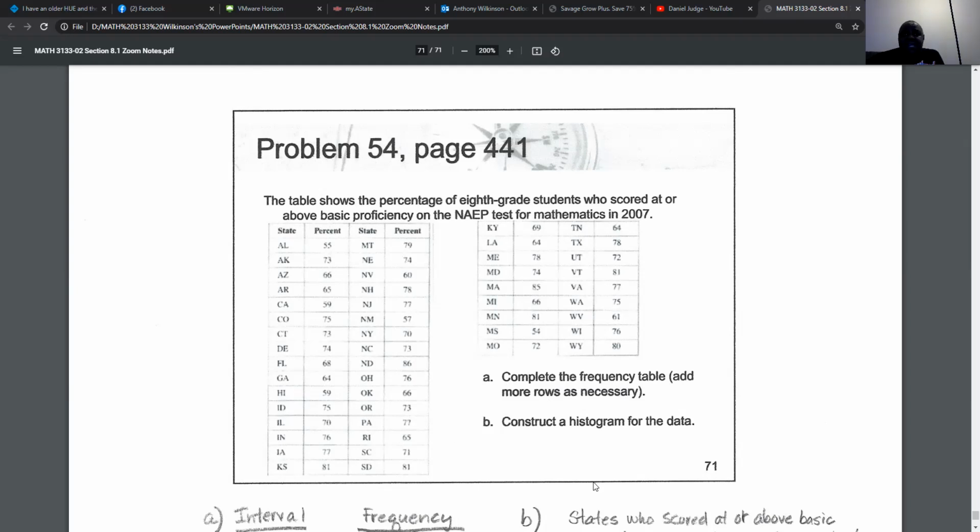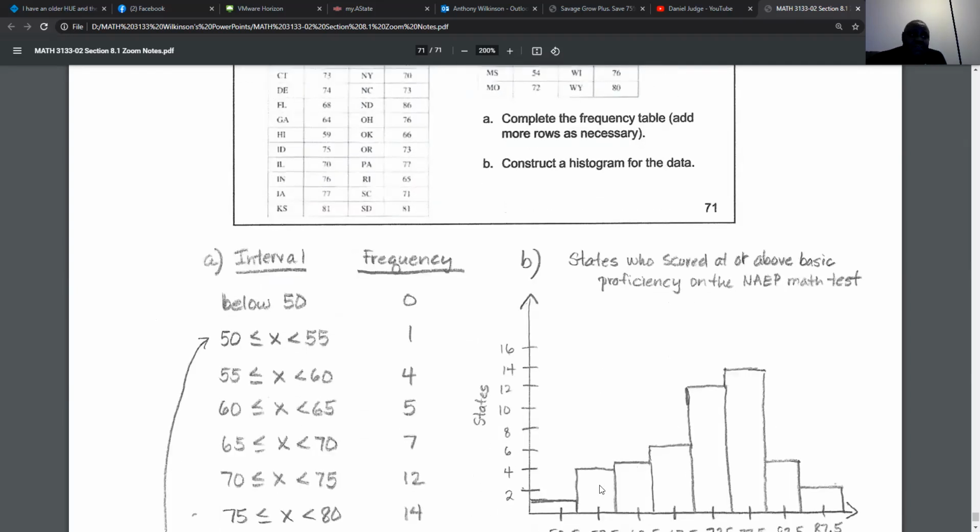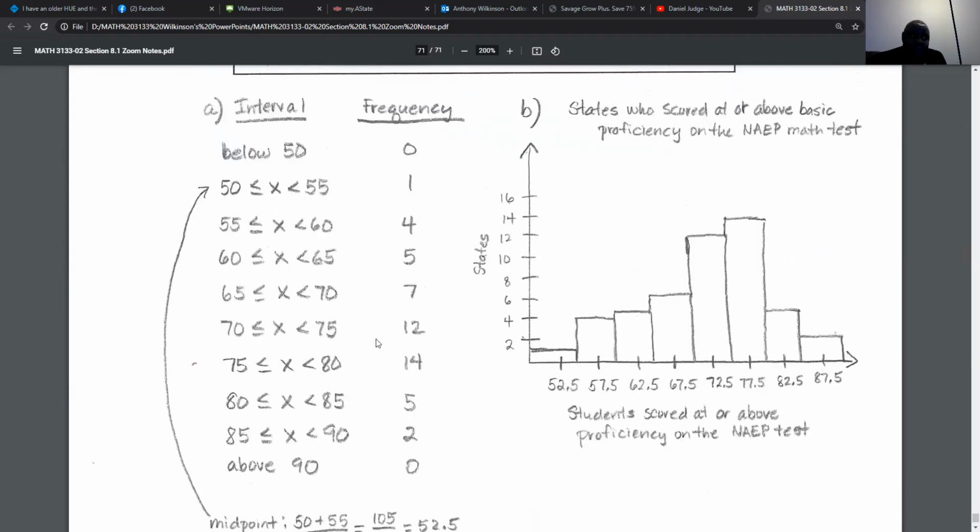There is a problem in WebAssign that's kind of similar to that. Now they will already have the intervals set up for you. So you won't have to worry about trying to create these intervals here.